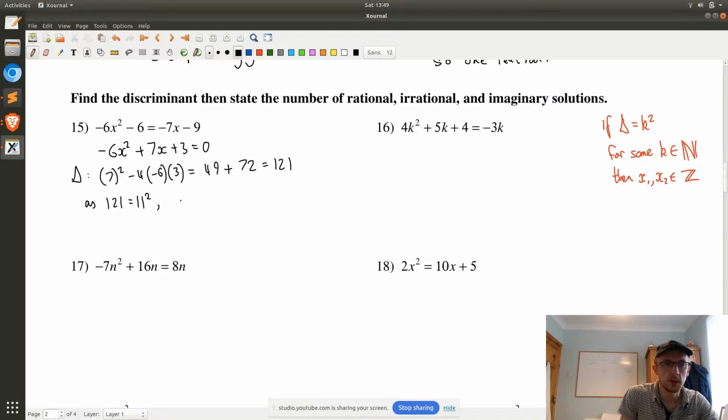As 121 equals 11 squared, x1 and x2 are rational. Oh, beg your pardon. I said integers over there. I meant to say rational.